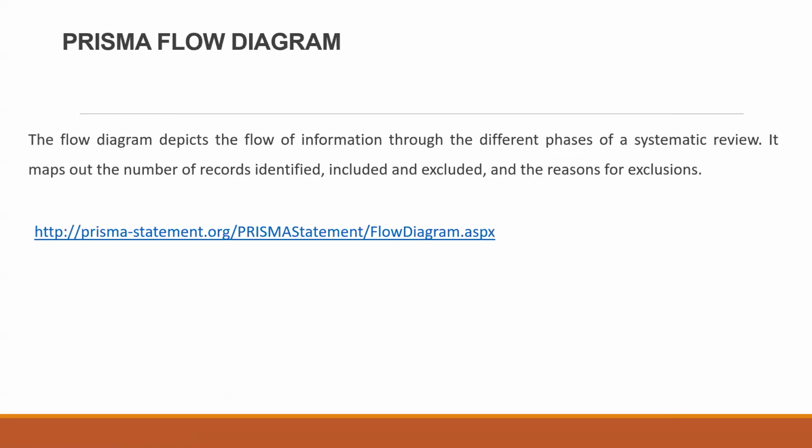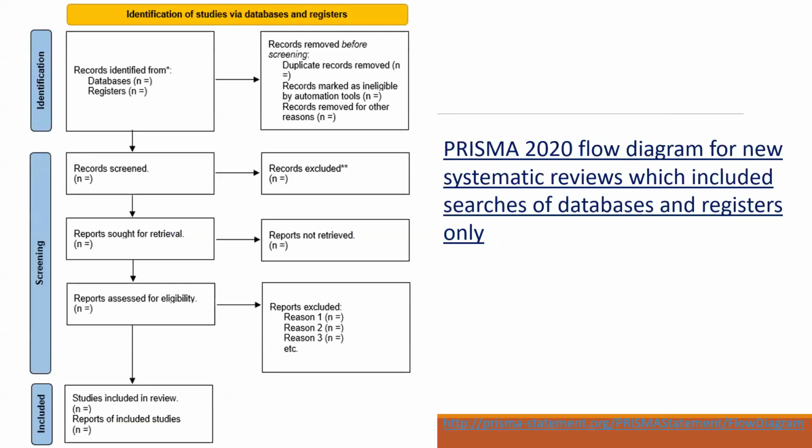Next I will walk you through the PRISMA flow diagram. It is mainly a flow diagram that maps out the number of records identified, included and excluded in your review, and the reasons for exclusion. This is how the PRISMA flow diagram looks.